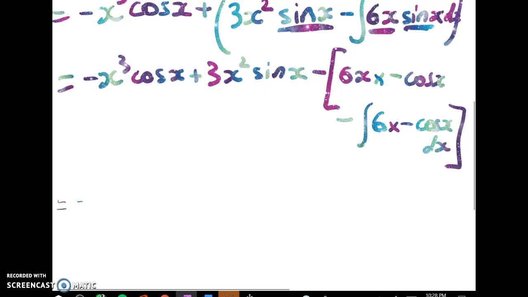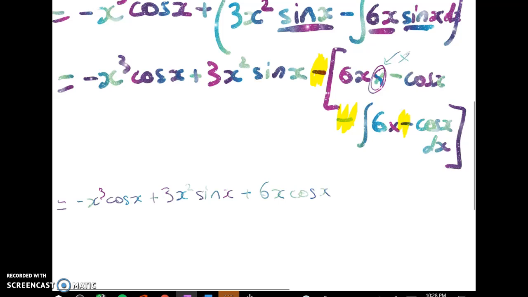So we've got equals negative x cubed cos x plus 3x squared sine x plus 6x cos x. So just looking, this thing here is a times sign, right? So 6x cos x. Now here, I've got a negative, and I've got another negative, and I've got a negative. So I end up with, where's the pen? Pen's gone.